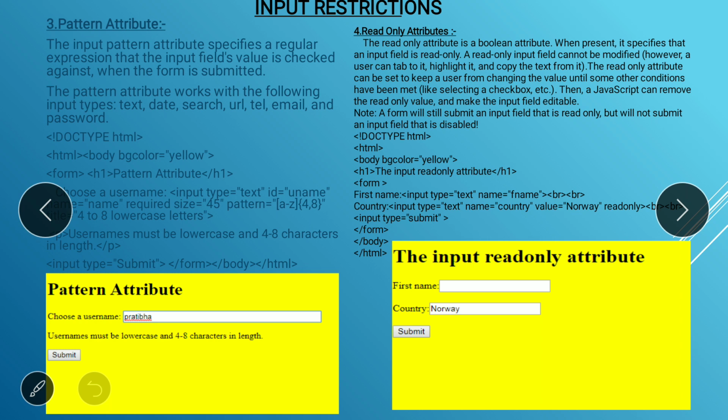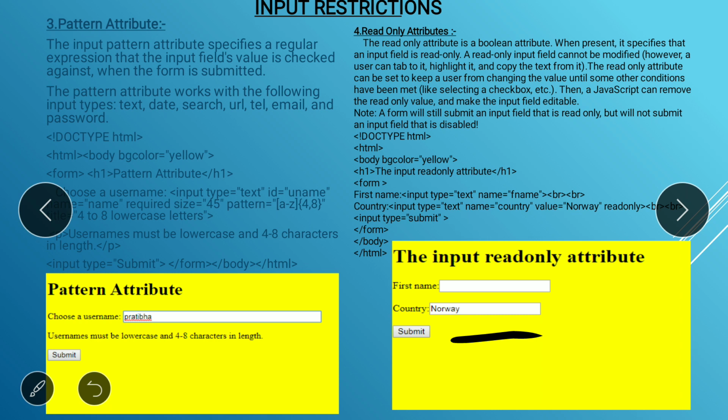The read only attribute is a boolean attribute. When present, it specifies that an input field is read only, meaning you cannot write in that. A read only input field cannot be modified, meaning whatever text you see here, you cannot modify the text.